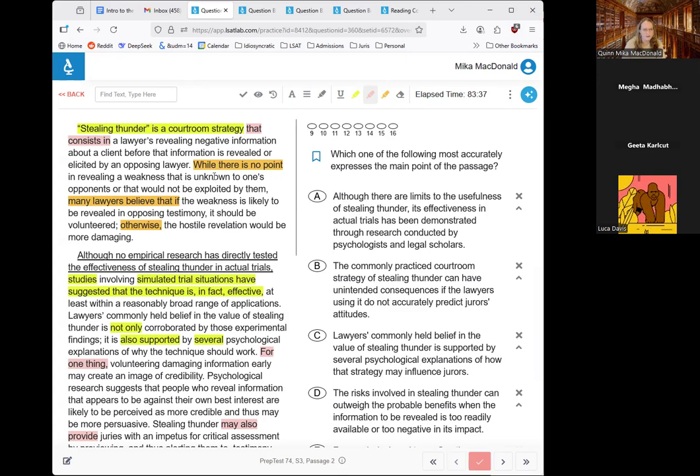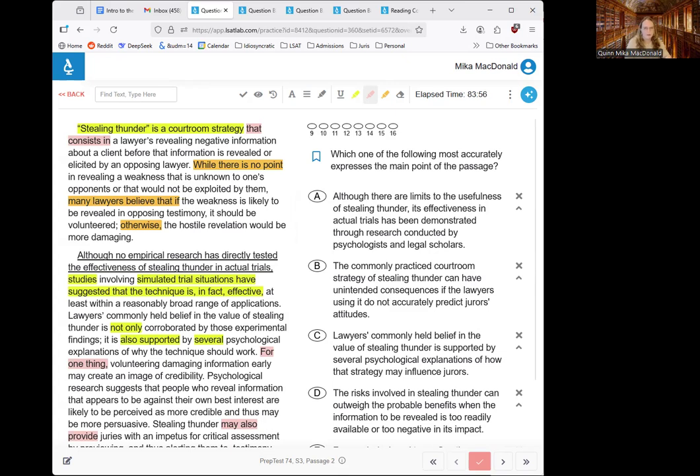Our author continues that while there is no point in revealing a weakness that is unknown to one's opponents, or that would not be exploited, many lawyers believe that if the weakness is likely to be revealed, it should be volunteered. Otherwise, the hostile revelation would be more damaging. So, the author gave us the topic, defined what it meant, and explained why we should care, right?